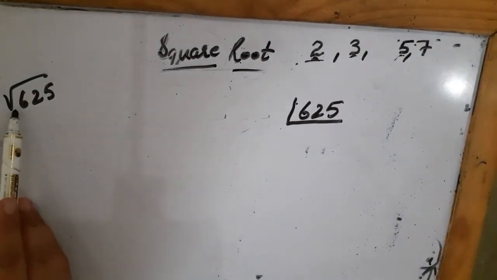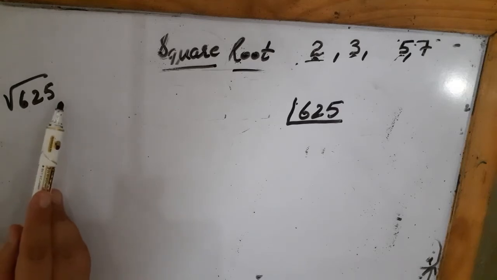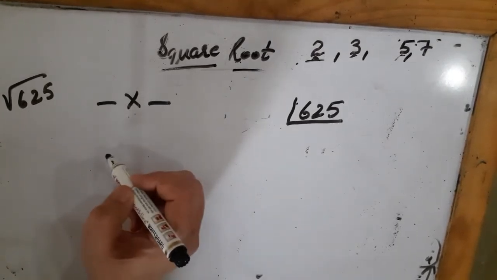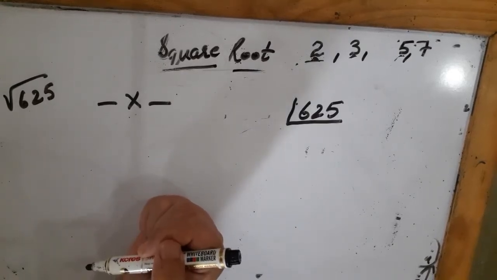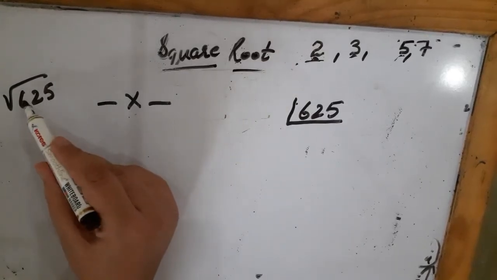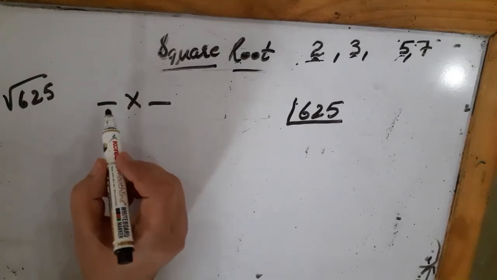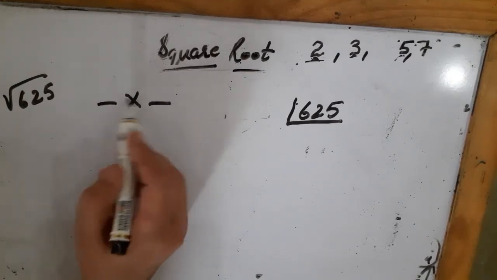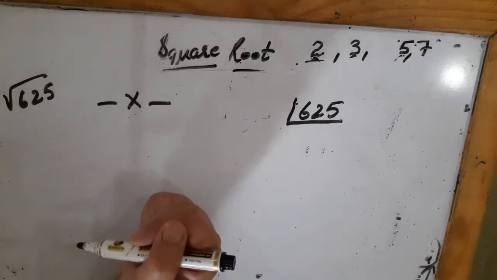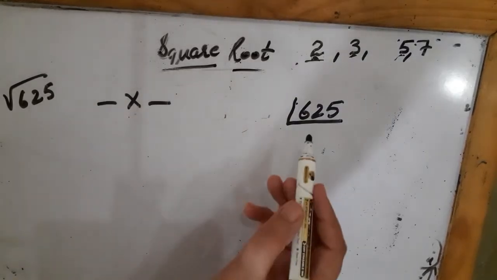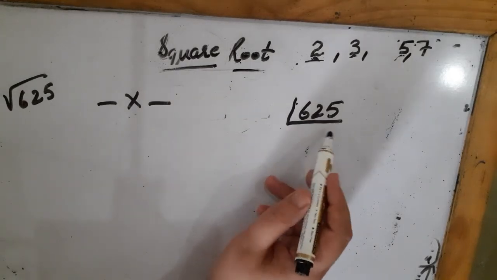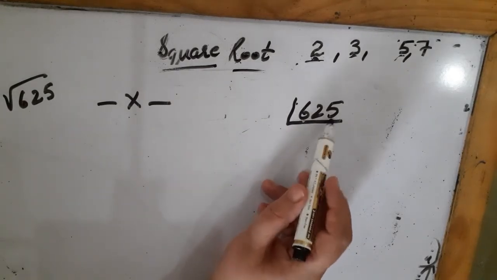Square root of 625 means I have to find a number which when multiplied by itself will give you 625, but I don't know that number, so I can take the help of the prime factorization method.